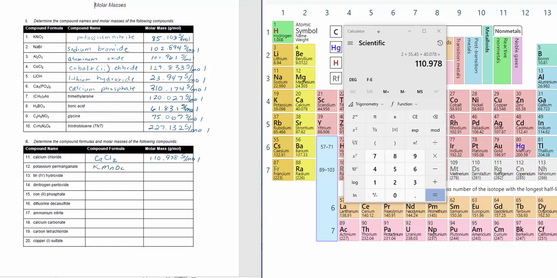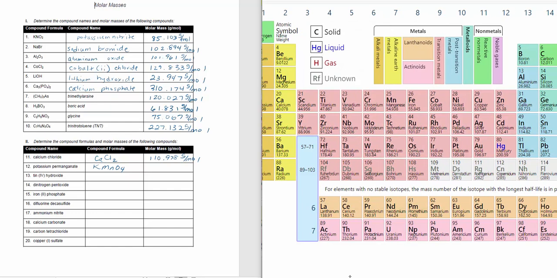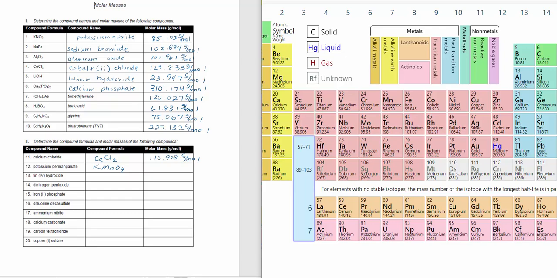Potassium permanganate. Permanganate is one of those polyatomic ions you need to know. It is MnO4 and it is a -1. Potassium makes a +1, so they balance nicely. There is 1 potassium, so 39.098, plus we need manganese. Not magnesium, we need manganese.